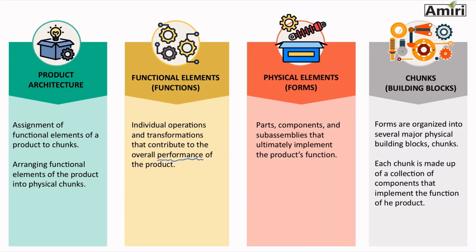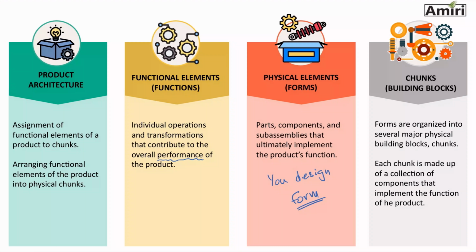Physical elements or forms are parts, components, and sub-assemblies that ultimately enable the function. As a designer, you design forms, and how well you design them will determine how well the function is performed or fulfilled, and that means how well the part or the product is performing.